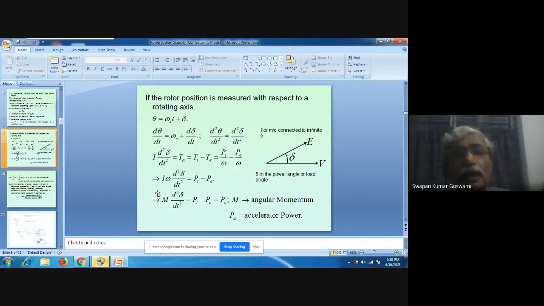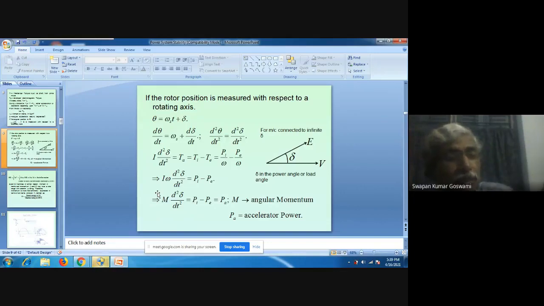Here our approach will be a simplistic one, because we shall assume that the generator is connected to an infinite bus, and the system will be stable if it appears to be stable in the first swing of the rotors. Okay, this will be our approach.